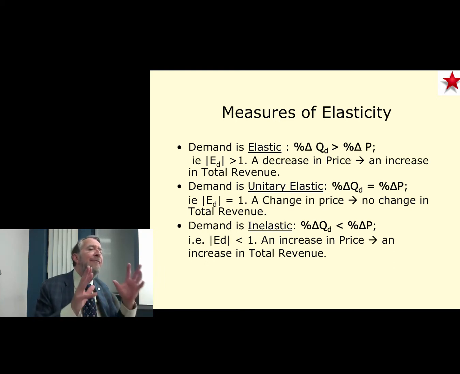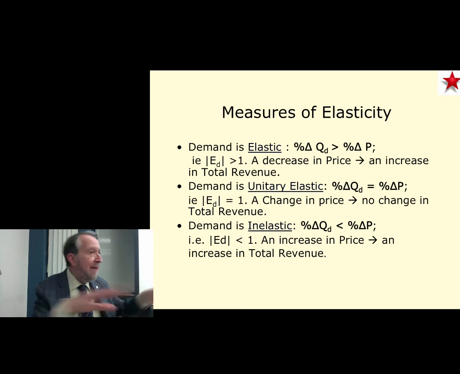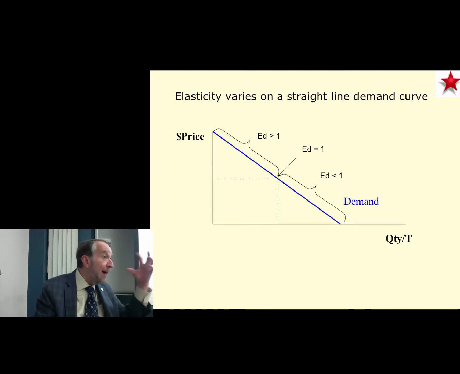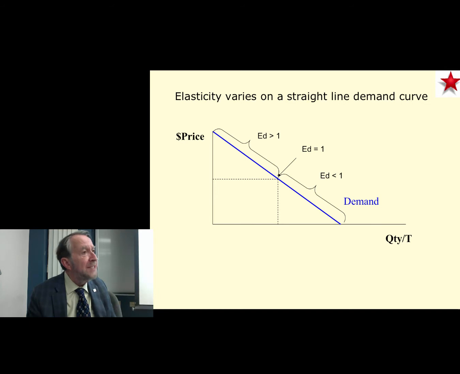So the demand for gasoline is inelastic. But the demand for gasoline at a particular station is very elastic, right? Because if he raises his price and all the other stations don't raise price, he's going to lose a lot of sales, right? So that's the answer to it. For the product category, it's inelastic, but for the individual seller, it's elastic.